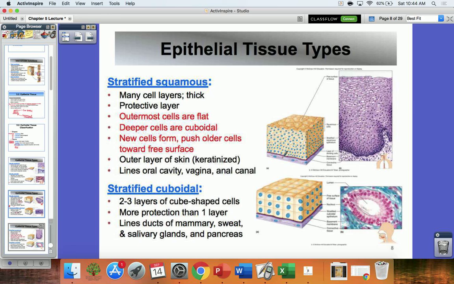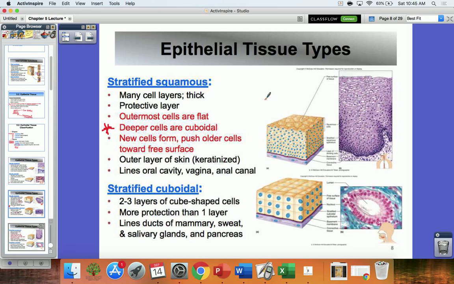Now, if you look at it a little closer, those deeper cells are actually cube-shaped. But what happens in this tissue type is that as these cells are produced at this very bottom layer, they're pushed upward, they flatten, and they die. And so this area is where you will find those flat cells.